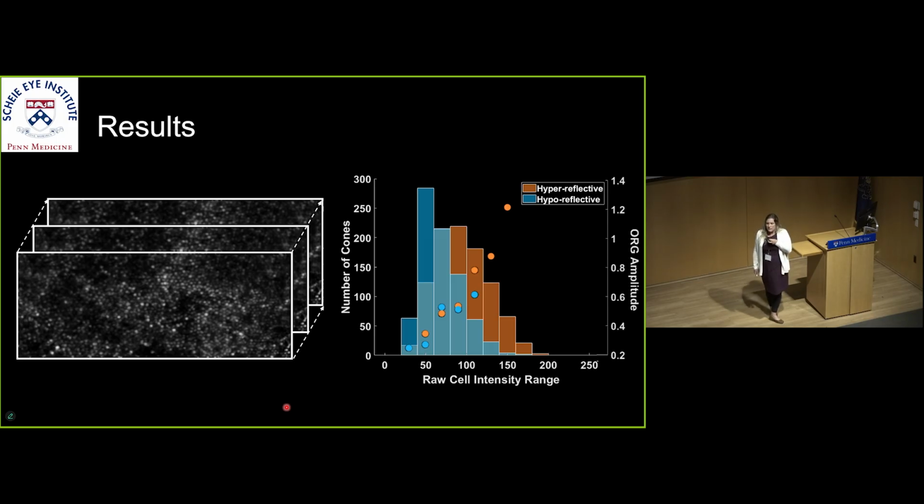And so there's still a question remaining about whether those cones really are functioning differently than the others. We're thinking about ways to tease out psychophysical responses by using things like adaptive optics microperimetry, where we could direct our stimuli very, very precisely to the specific cones of interest.